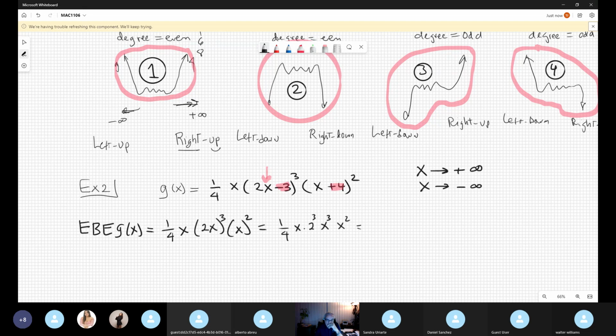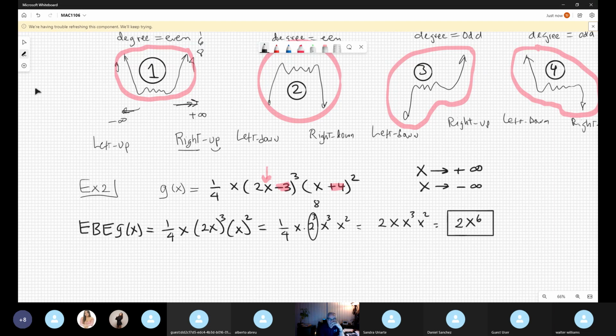Oh, easy. 8 divided by 4 is 2. So 2x cubic times x squared is 2x to the 6th power. Wow. And this is the expression that indicates the end behavior.